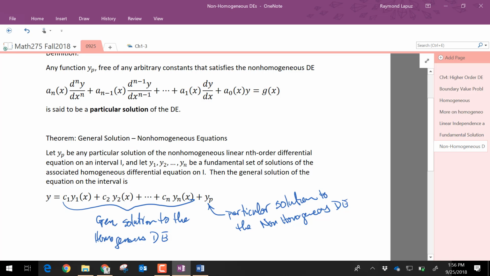And put those two together, then we have a general solution. The whole thing is a general solution of the non-homogeneous differential equation. Okay? So we have a general solution to the homogeneous differential equation. We have a particular solution to the non-homogeneous differential equation. And if you put them together, now you have the general solution for the non-homogeneous differential equation.